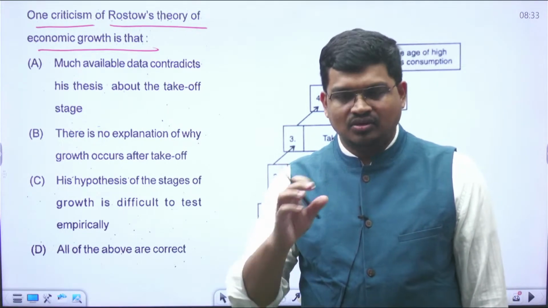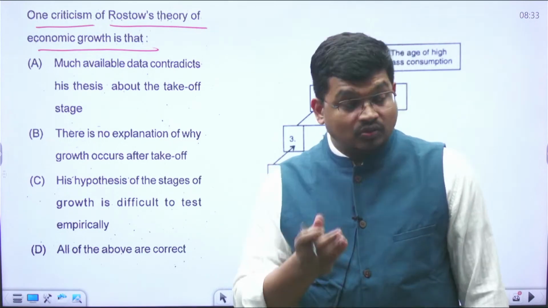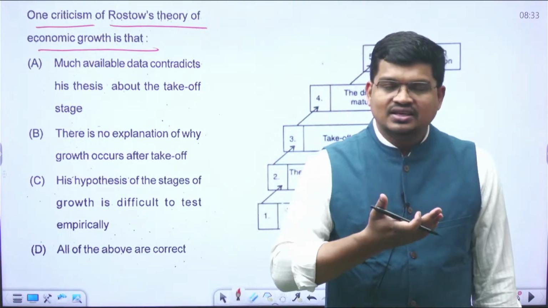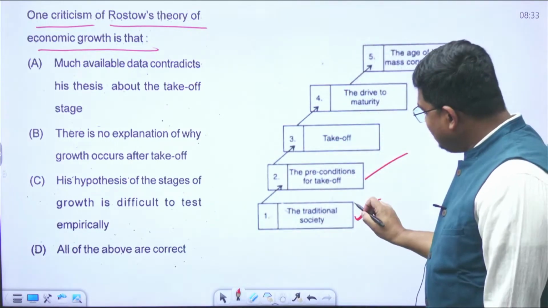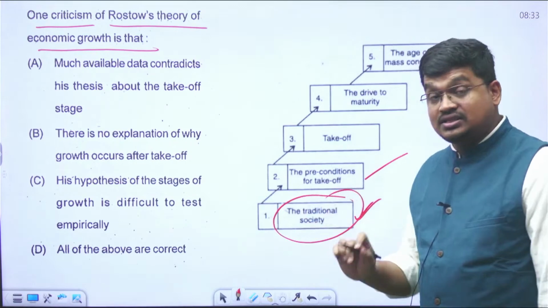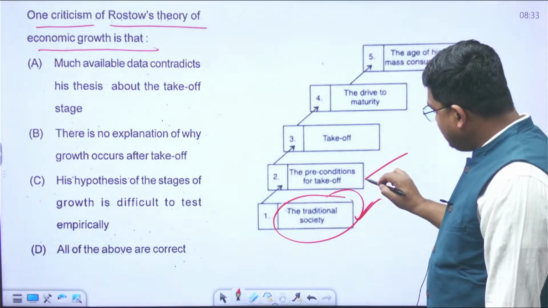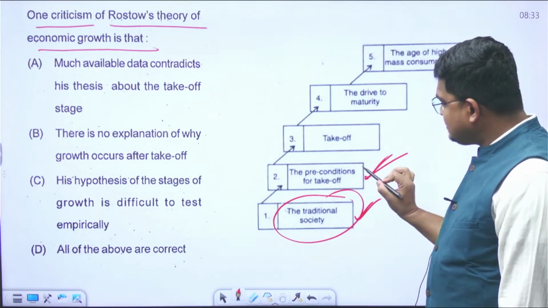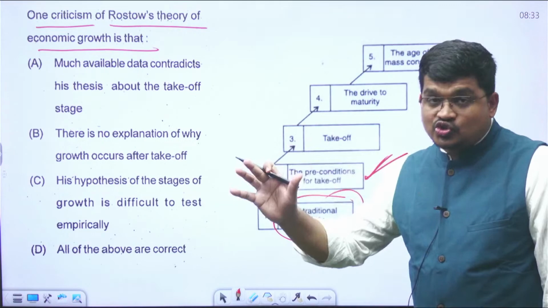The modern currency system was implemented, and to regulate that we initially started the banking system. Before that, in the traditional society we had moneylenders. Then the currency system came and a slight banking system also came, and that gave the boost to takeoff to the economy.